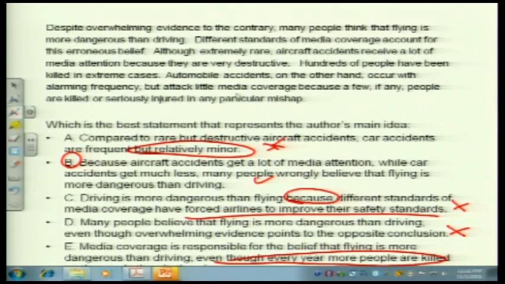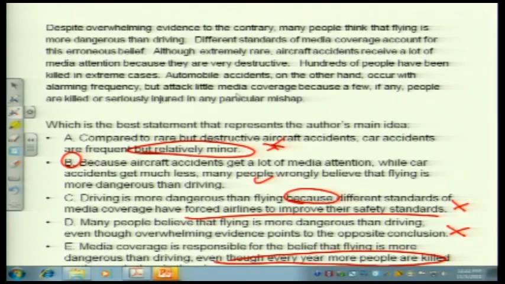I think the author, whoever is writing that, is saying that most people think that flying is more dangerous than driving, but there is evidence that implies the opposite. I think what it's telling us is that the media is directing people to think that way. And he's not concluding which one is more dangerous. He's just saying that it's the media. The media is the cause of why people are thinking that way.